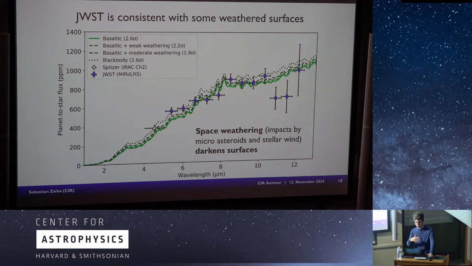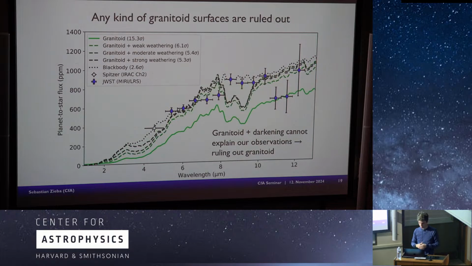You might now say that you can take any kind of surface, like a granitoid or whatever, and just increase the weathering until it's consistent, but that's actually not the case. We have also looked at, for example, granitoid, which was initially ruled out at 15 sigma from the observations alone. But if you crank up the amount of weathering, even with really strong weathering, the observations are still not consistent with the model.